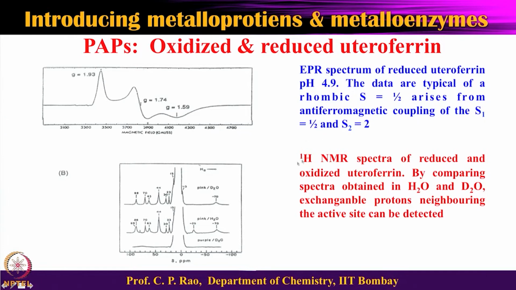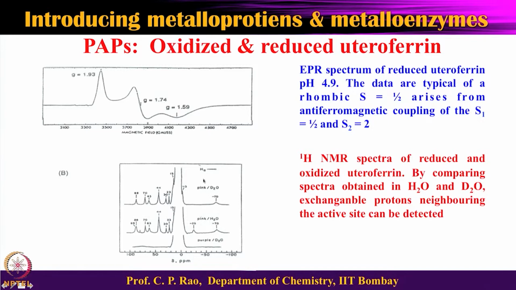Now, you can also look at their proton NMR spectrum. Okay. So, proton NMR spectrum, and there are two of these that are looked at, the pink state and the purple state, and the purple state is the completely oxidized state, and the pink state will have the reduced form also in that.